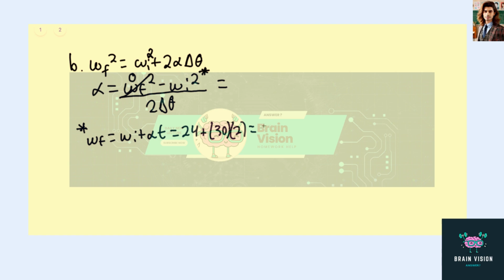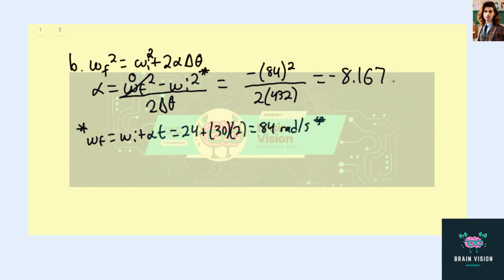And this is going to be 84 radians per second. And this is the value that we're going to use for this. So we'll have negative 84 squared all over 2 times 432. And this will equal negative 8.167 radians per second squared.